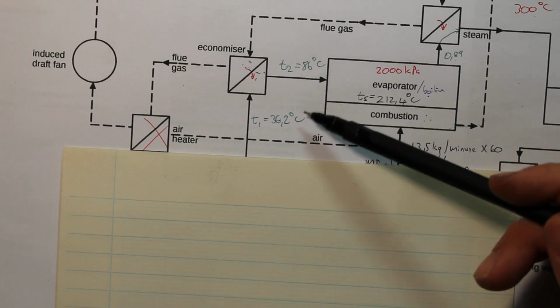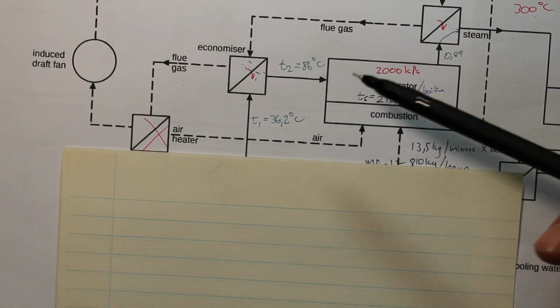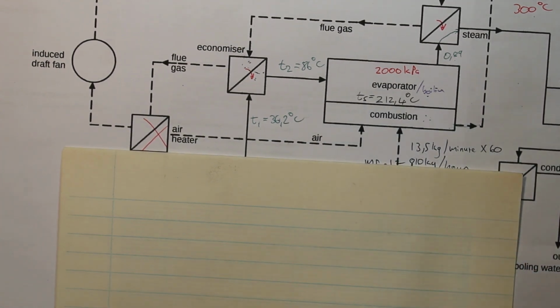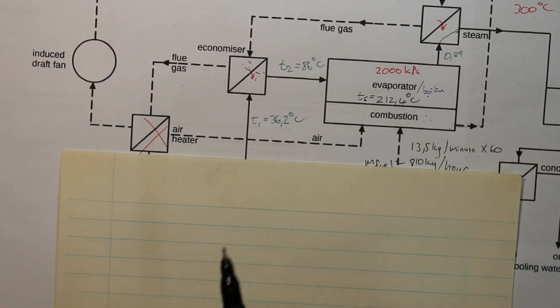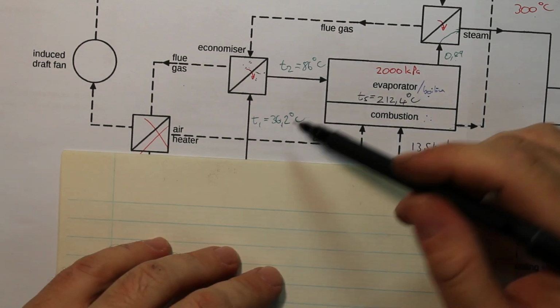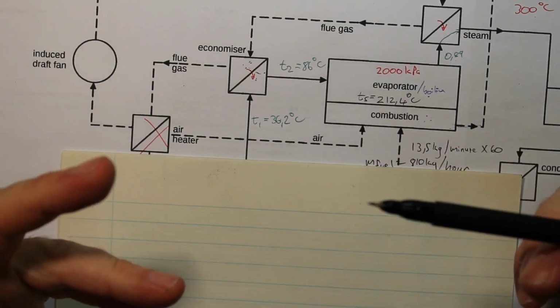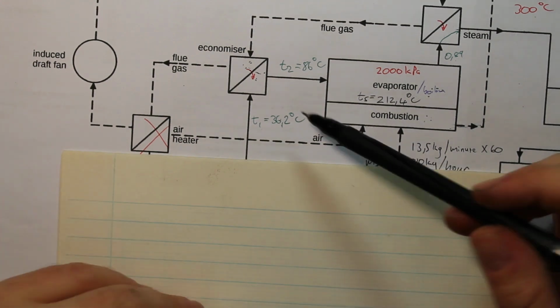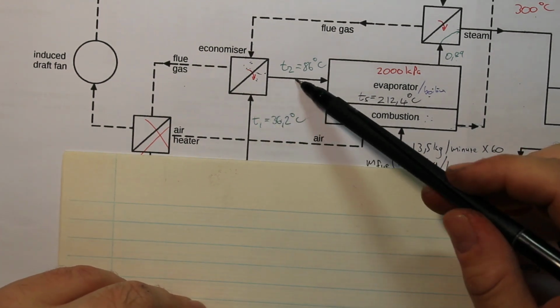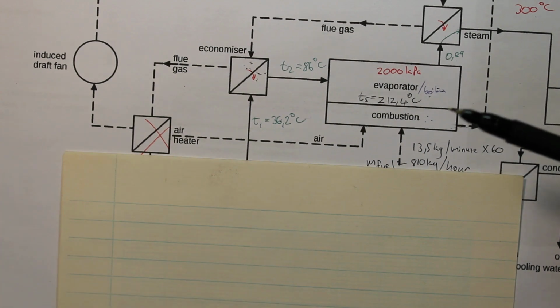So that's the rise in temperature through the economizer. So what we can do is find out how much the enthalpy has increased, or how much heat has been applied when it goes through the economizer. All right, so let's do that.